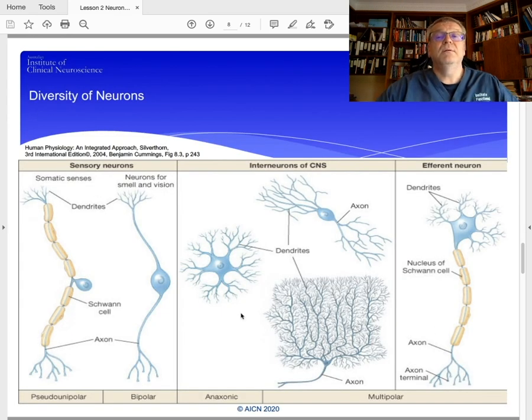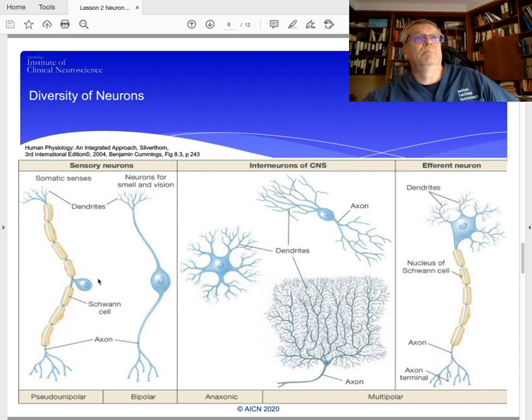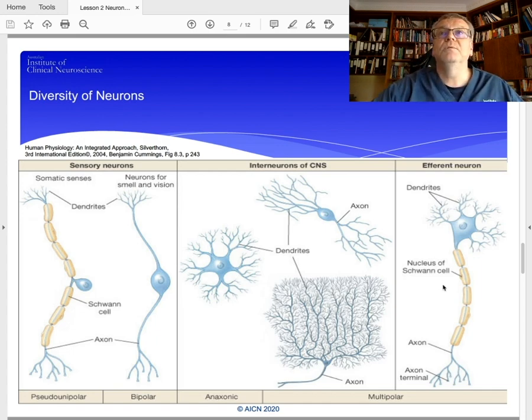Now, the neurons can come in different morphologies or different models, I suppose. And if we look at, for instance, the different types of sensory neurons, the neuron that we just described to you was this one over here, and this is the typical sort of neuron that people will talk about.